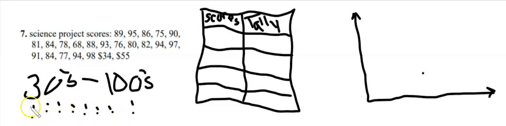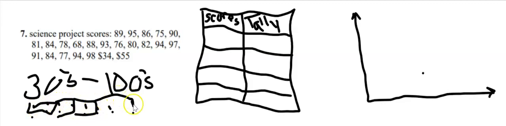So remember whenever we talked about the intervals, we have to have the same amount within each section. It has to be the same distance. So I could group the 30s and 40s, and then the 50s and 60s, and the 70s and 80s, and then the 90s to 100. So let's see, 30s.